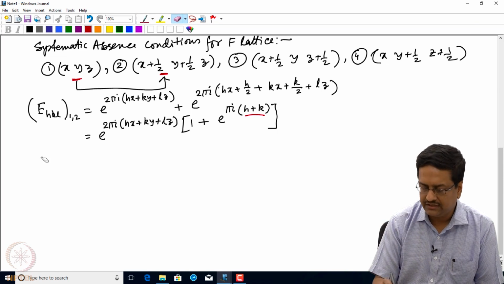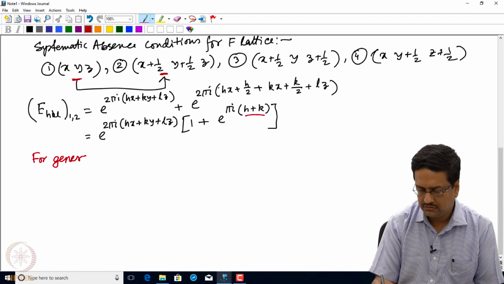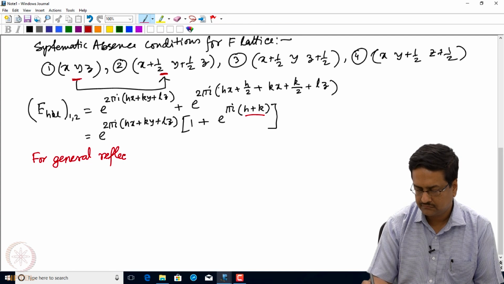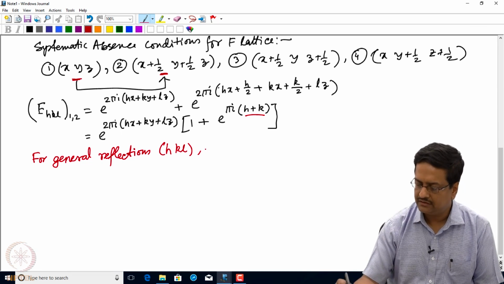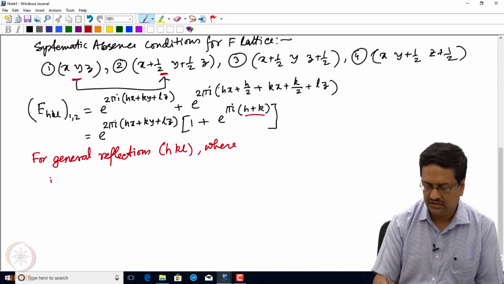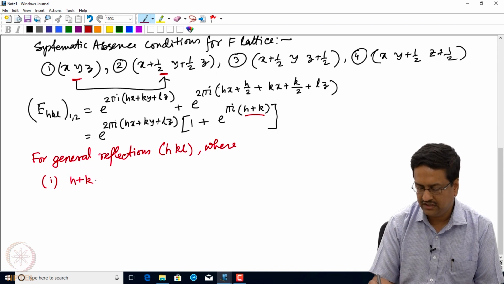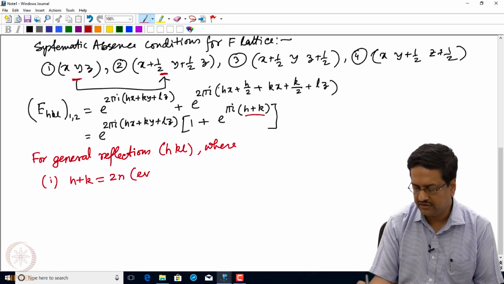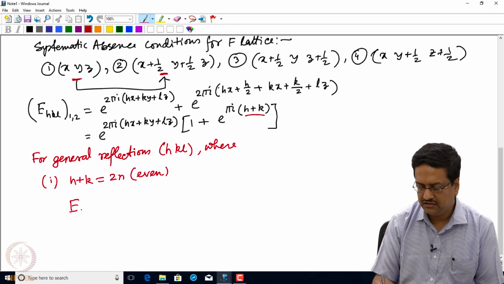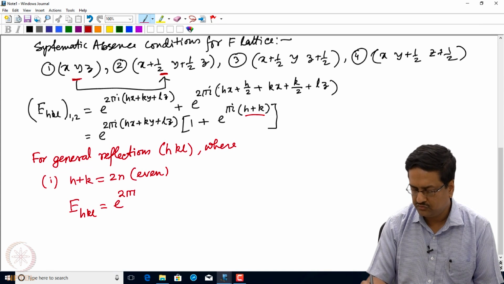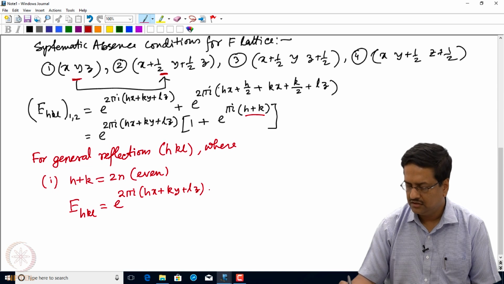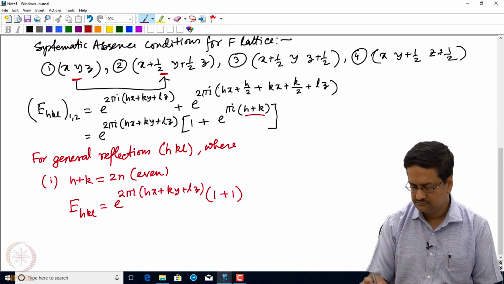So now in this case, for general reflections HKL, where condition 1 h plus k is 2n, that is even, E HKL is e to the power 2 pi i (Hx plus Ky plus Lz) into 1 plus 1 as before.